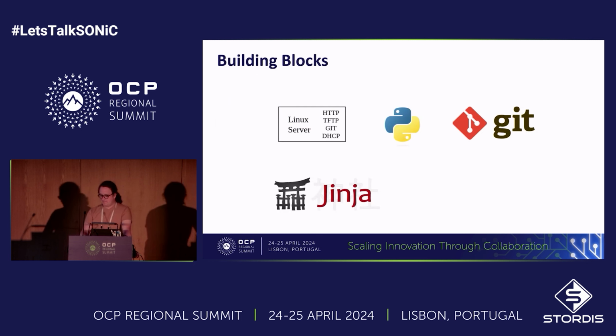So we have made something new, but still simple. We use very, very basic tools: a Linux server and some basic knowledge of Python, Git for storing configuration, and I will tell later how we use Git, and Jinja for templating.